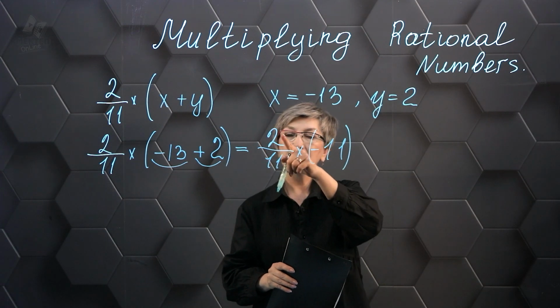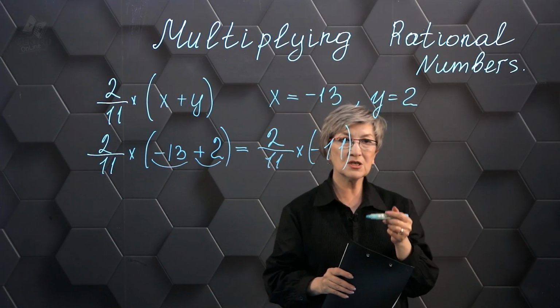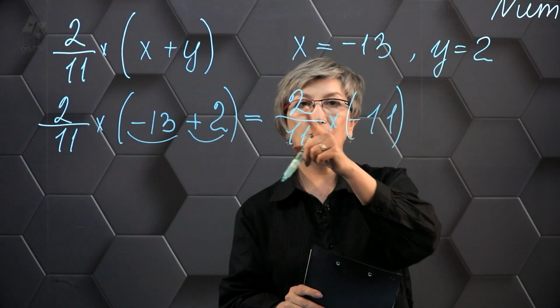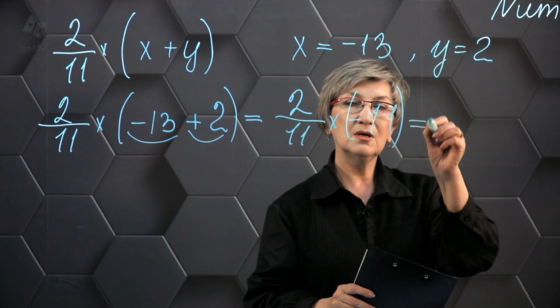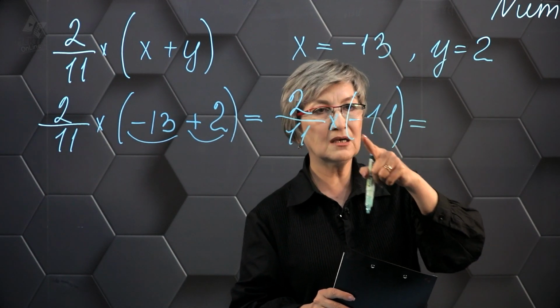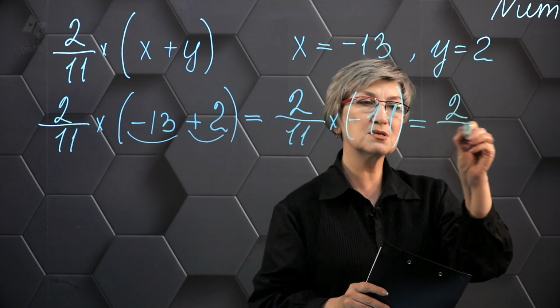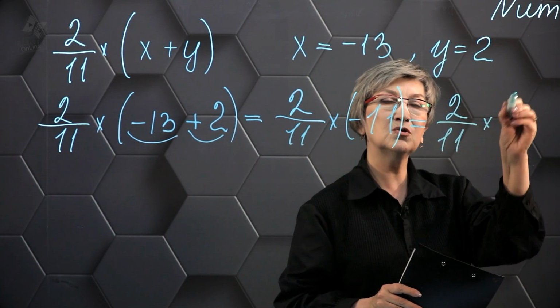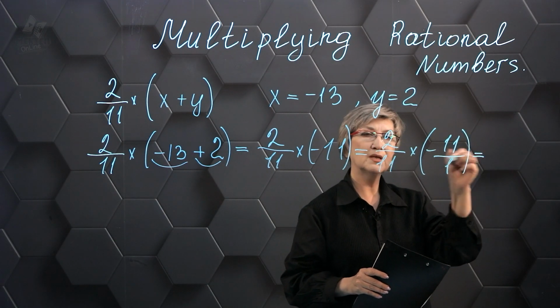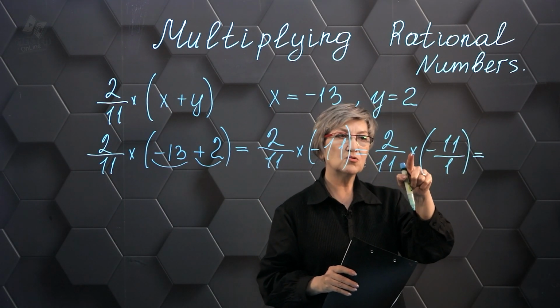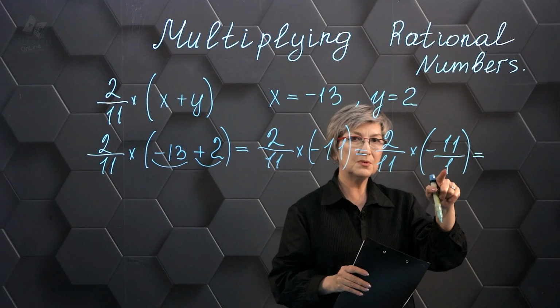Now we need to multiply 2/11 by minus 11. According to the rule of multiplying a fractional number by a whole number, we must write the whole number as a fraction. So I write down 2/11 times minus 11 over 1. Equals 2/11 times minus 11 over 1.